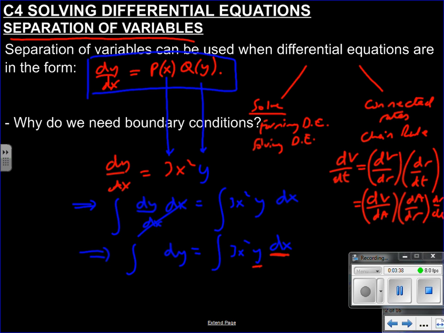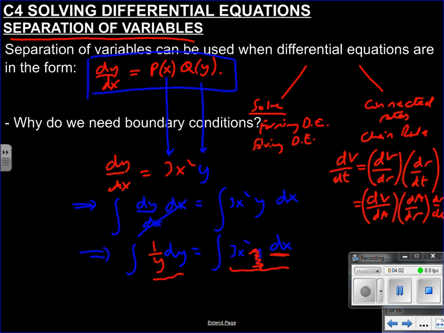You see? So can you see we can divide both sides by y, so 1 over y here, and that gets rid of that one, and now you have all the y's on the left and all the x's on the right. Yeah? So in future, I should divide by y straight away.